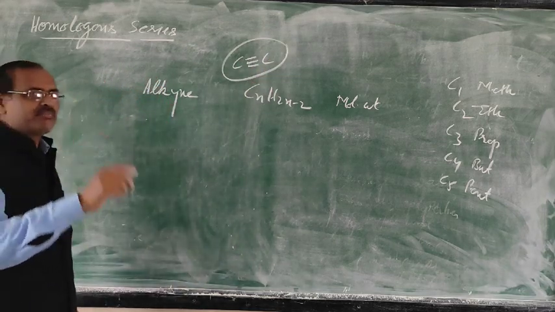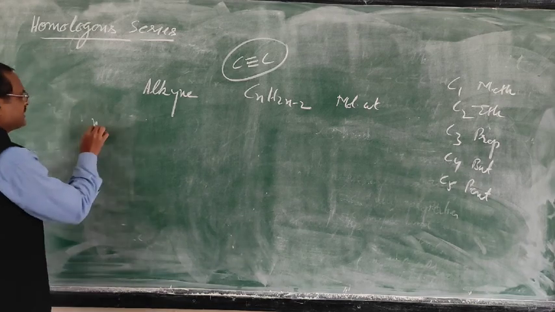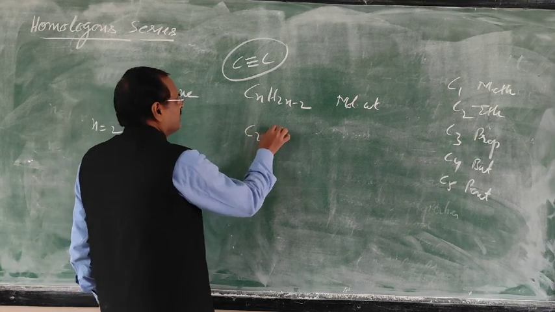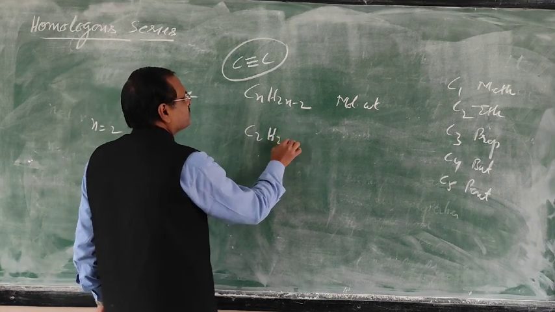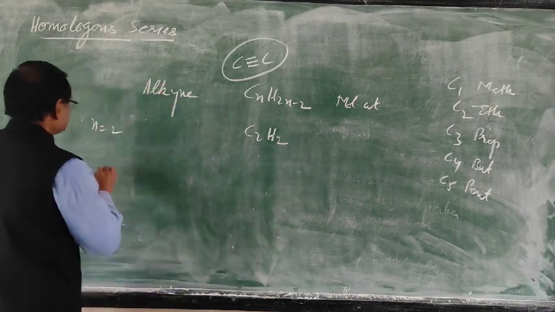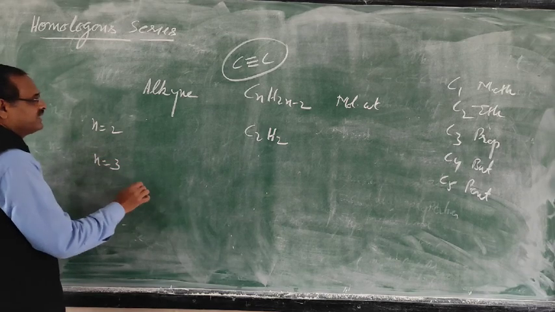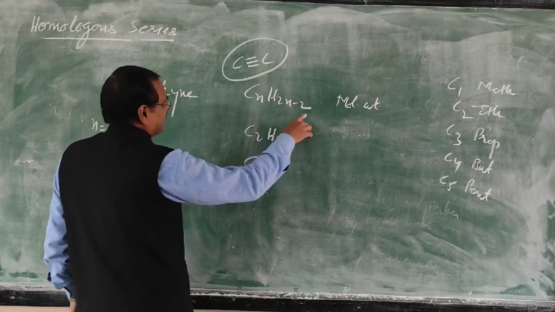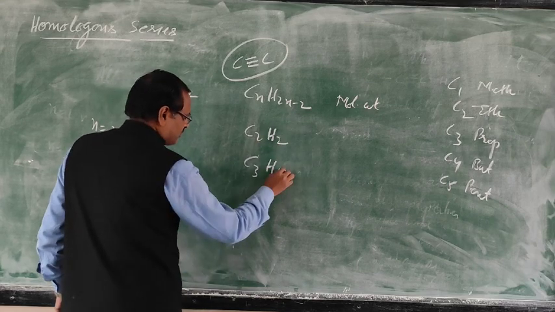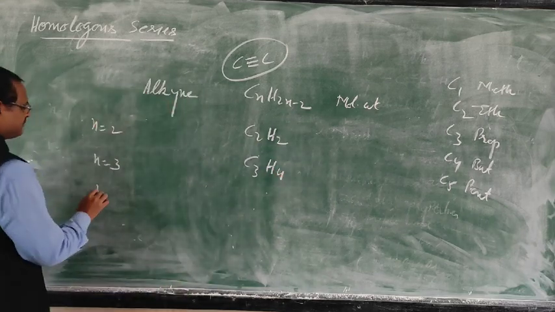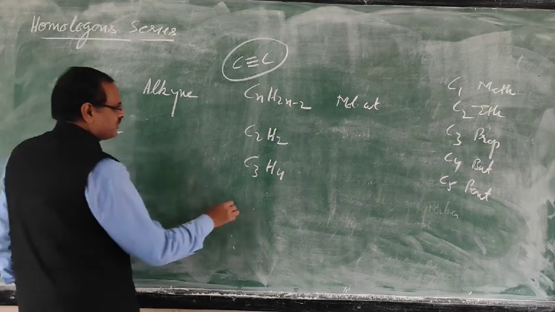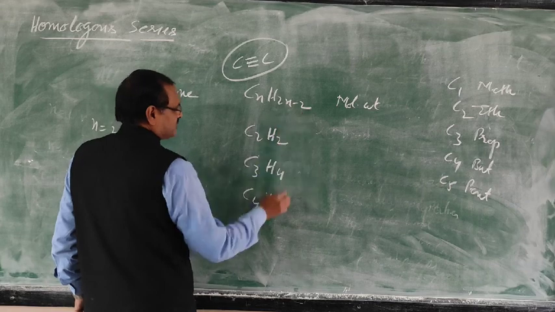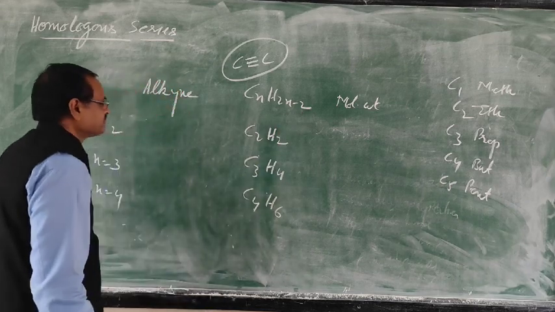So the first member will start from n is equal to 2, not n is equal to 1. Then you write C2, 2 times 2 minus 2, C2H2. In the same way, n is equal to 3, C3, 3 times 2 minus 2, 4, C3H4. n is equal to 4, C4, 4 times 2 minus 2, C4H6.